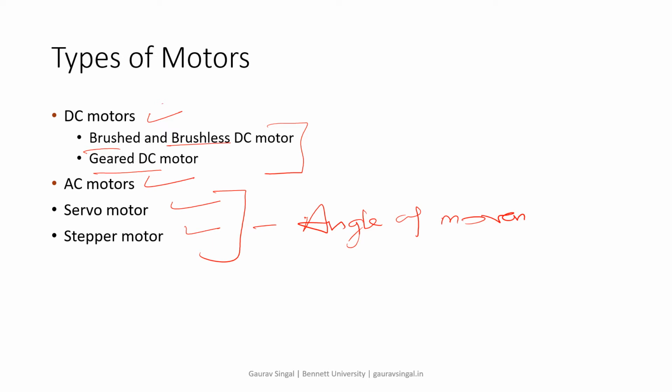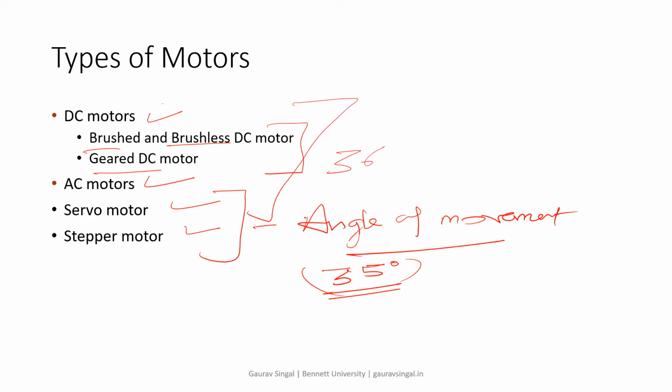You don't want to move whole 360 degree. You want to move only 35 degree, then you can use this kind of motors. And if you want to rotate completely 360 degree, then you can use any kind of DC or AC motors.